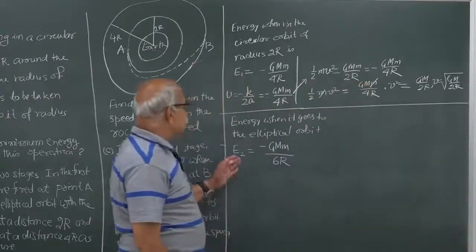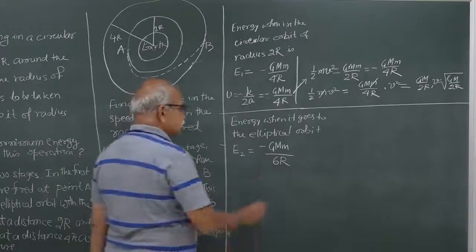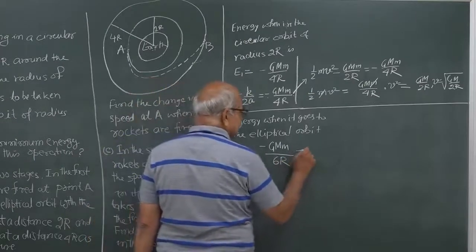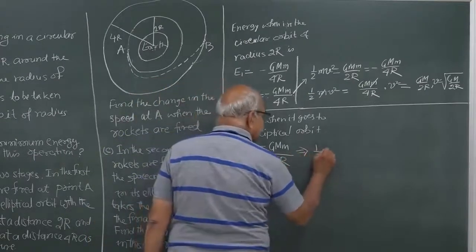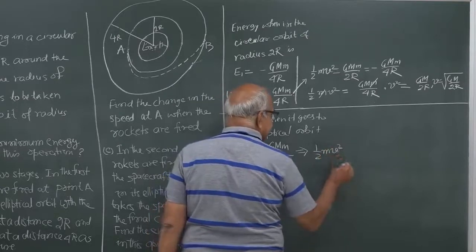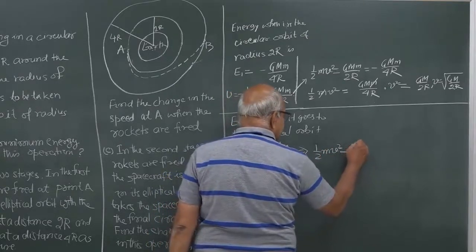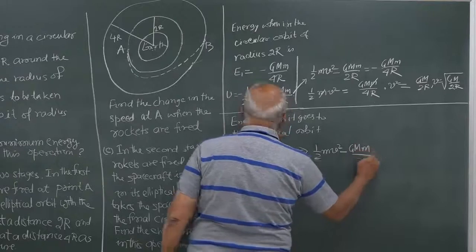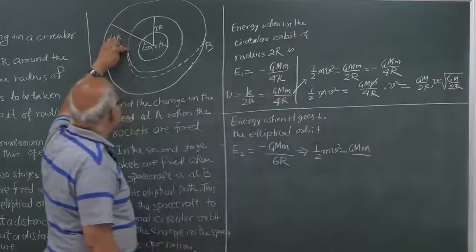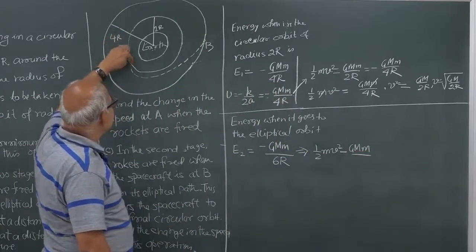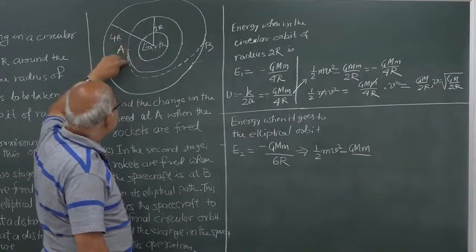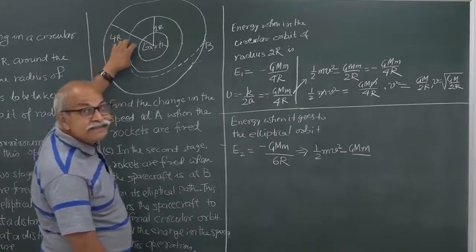And what happens here? Total energy is given. The total energy is half mv square, that is the kinetic energy, and minus GMm by 2r. Remember, we were going in a circular orbit, and now we are changing to an elliptical orbit, and what is asked is the change in the speed.